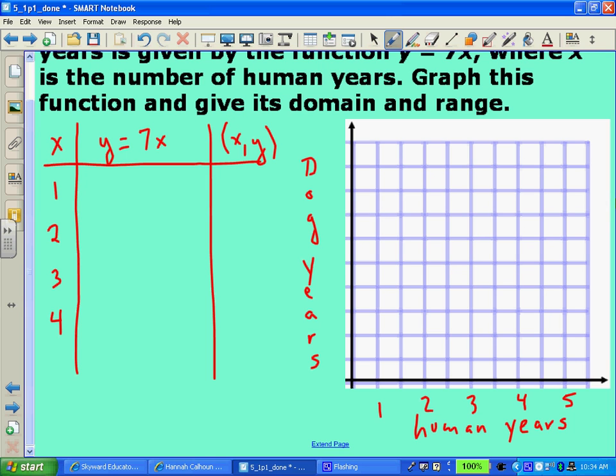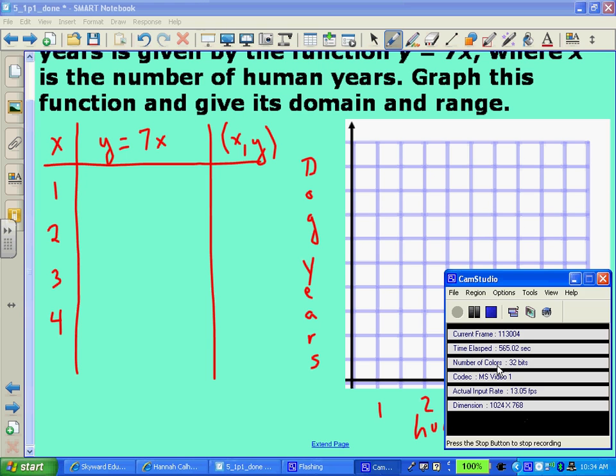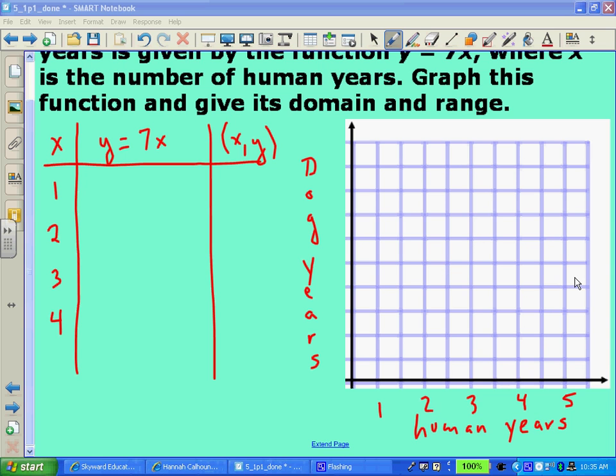Now here, I hope you would know that negative values don't make sense because we're talking about human years and you can't be -2 years old. So I just chose some low positive values.